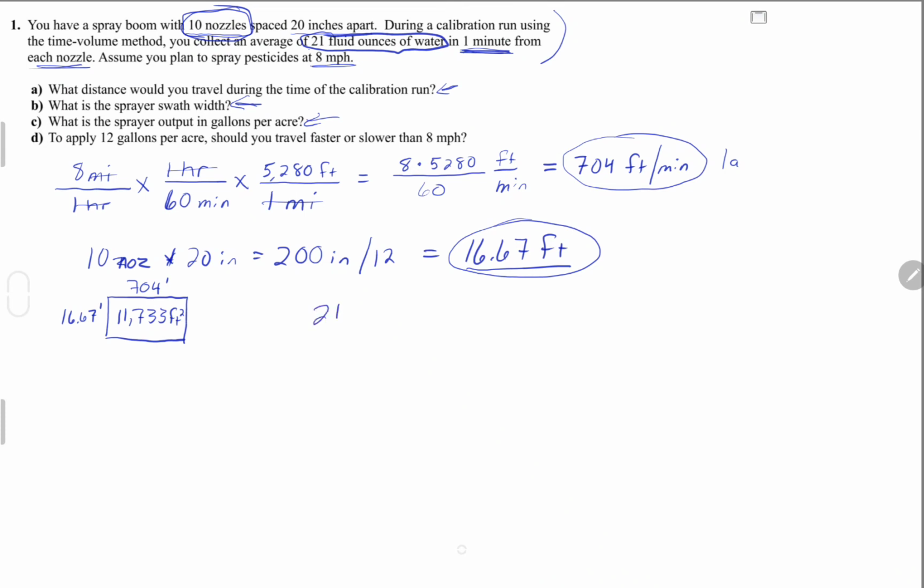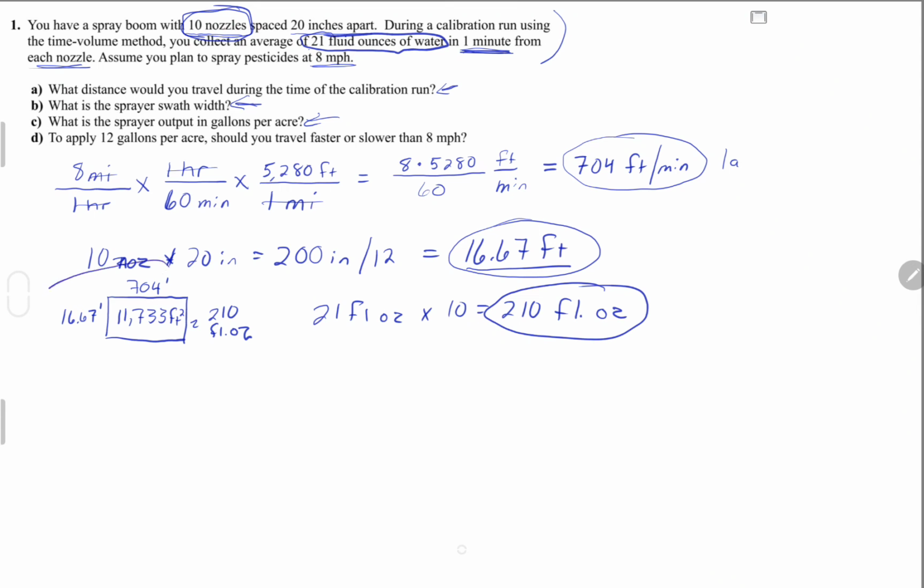So 21 fluid ounces times 10 equals 210 fluid ounces. And that's going to be our volume that we can then do unit conversions on to get to gallons per acre. So I usually write that right here, 210 fluid ounces.